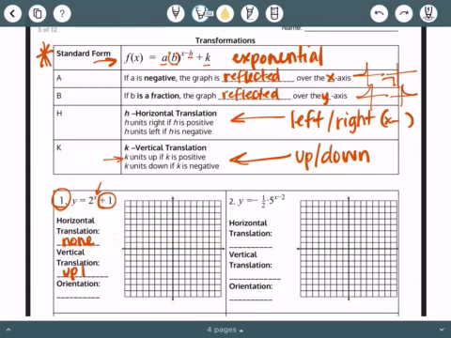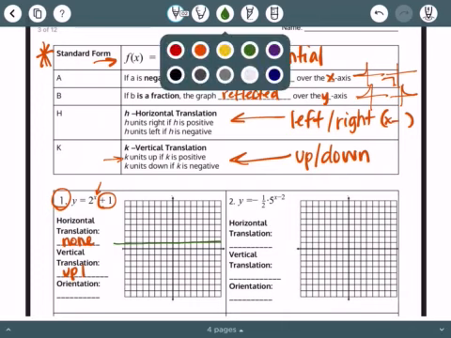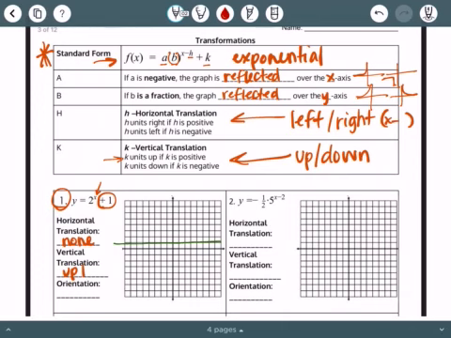Let me see if I can draw a better line here. It's never going to touch this line instead of the x-axis. So when I go to draw my line, I'm just going to draw it like this. Right? And this was a normal orientation because there's no fraction here and there's no negative number in front.